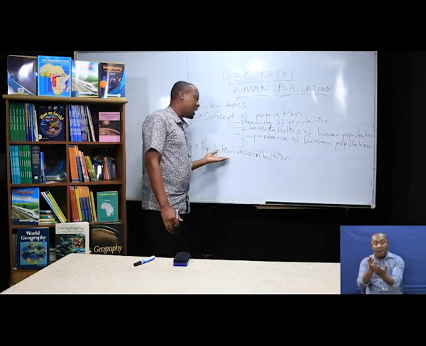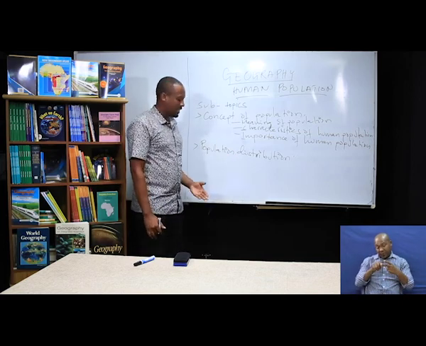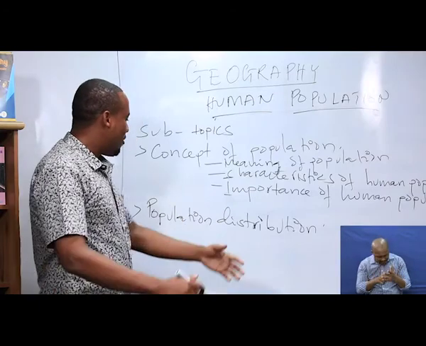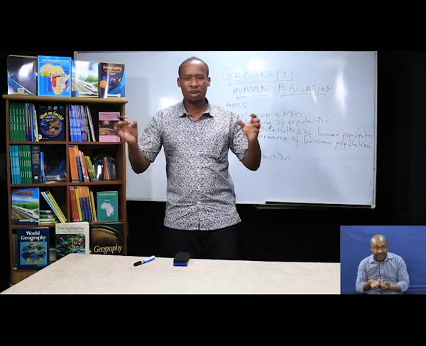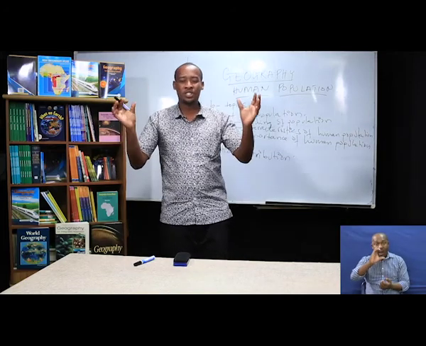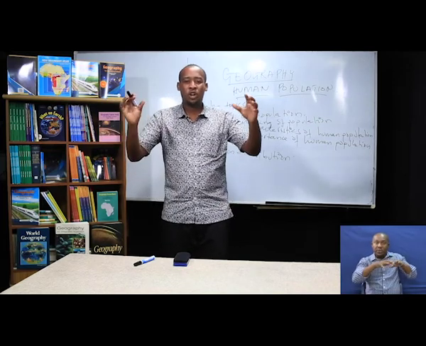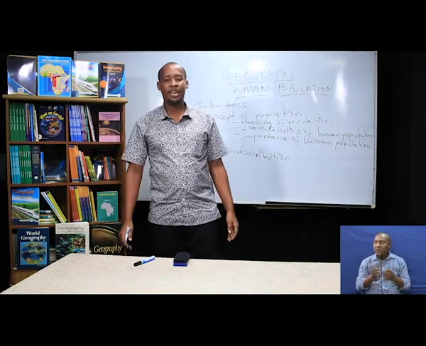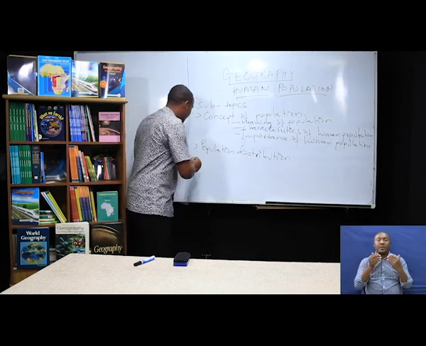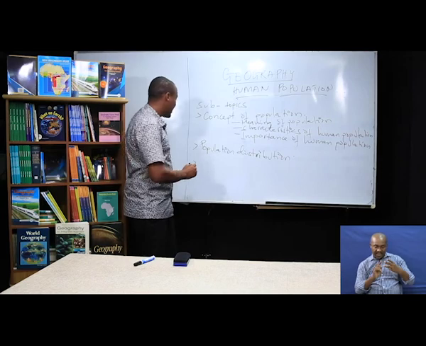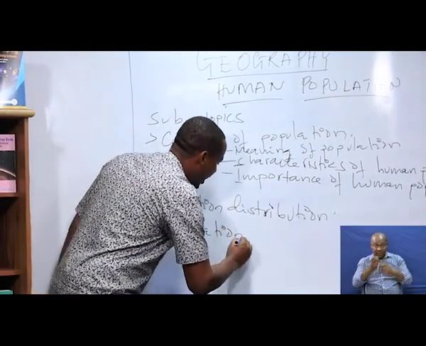So within that area, we are again to focus on the meaning of it. Then after meaning, we are supposed to look at factors, those factors that cause the uneven distribution, that cause the spread of people in any area. Then you jump to the third aspect, that is population change.